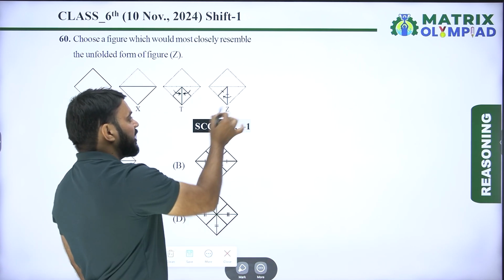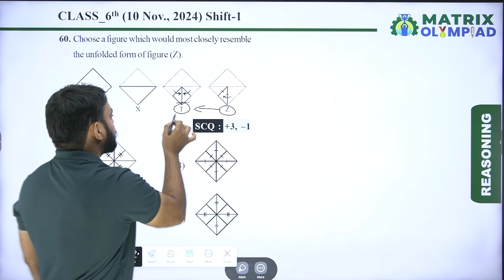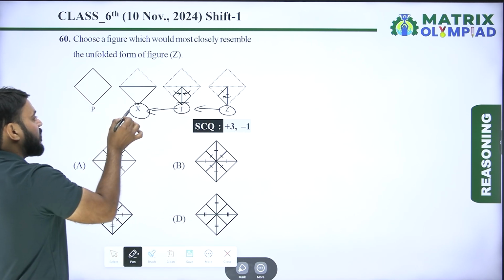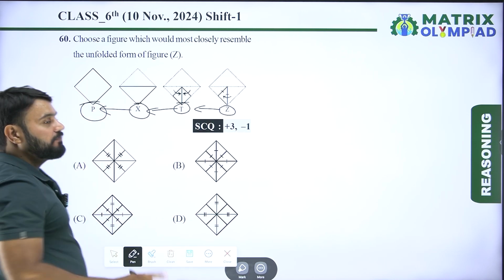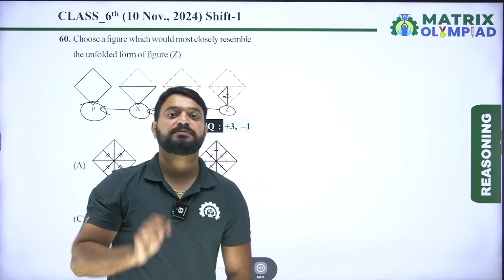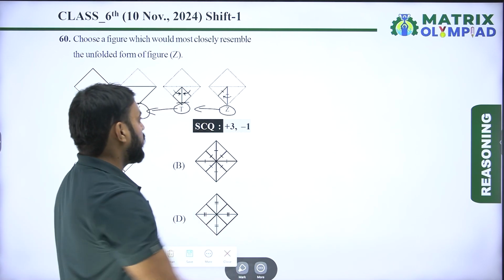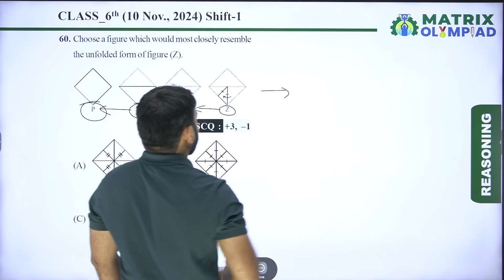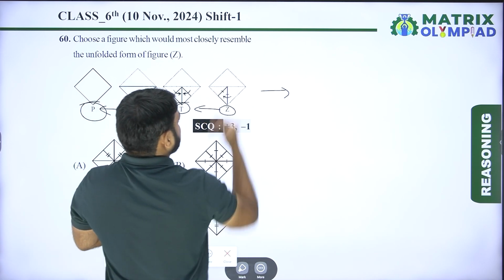So first unfold the Z, then we get T. Now unfold the T, then we get X. Now unfold the X, then we get P, and find the image of P, because P represents the unfolded sheet. So first unfold the Z in this direction.